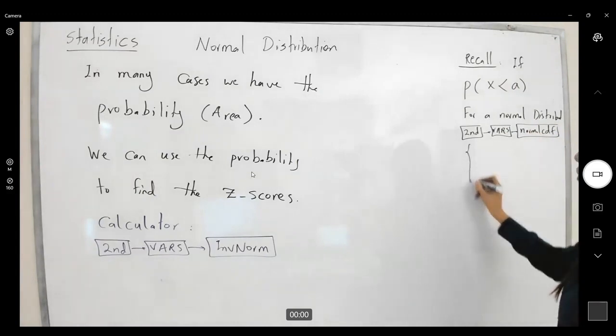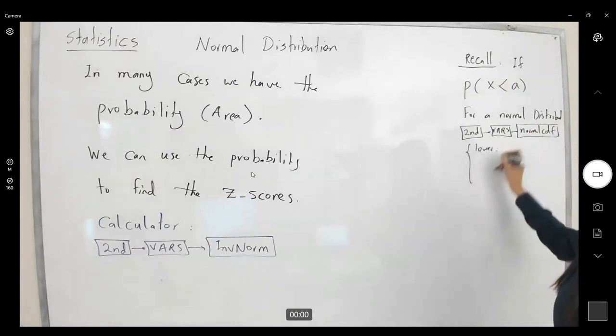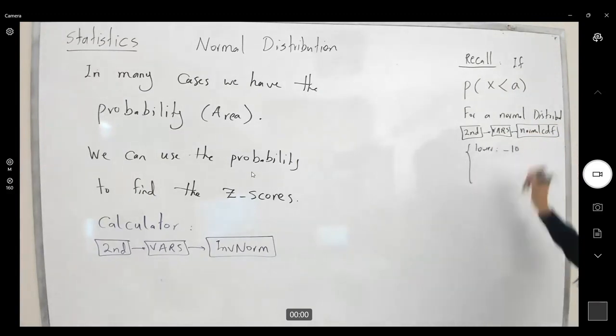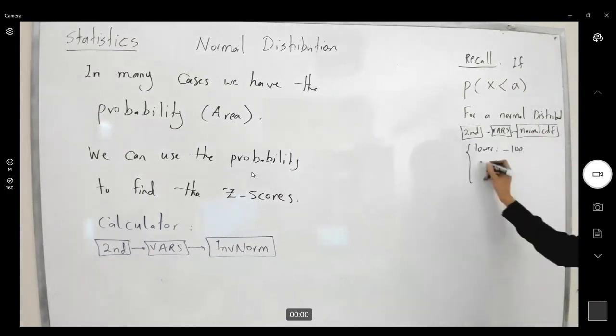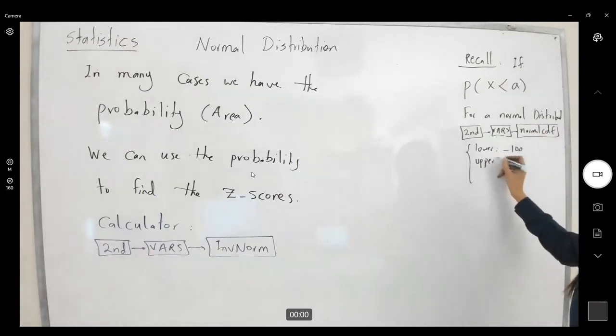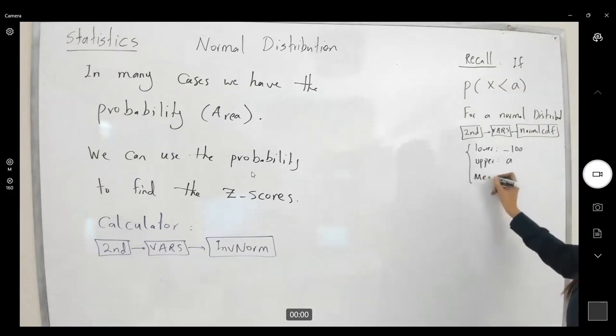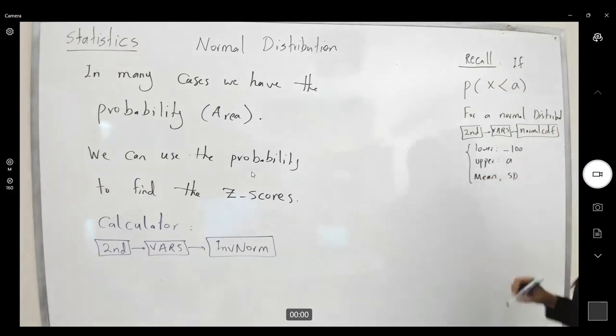Then you have your lower limit, which is like -10, -100, a very small number. You're going to have your upper limit, which is a, the mean, and you have your standard deviation.